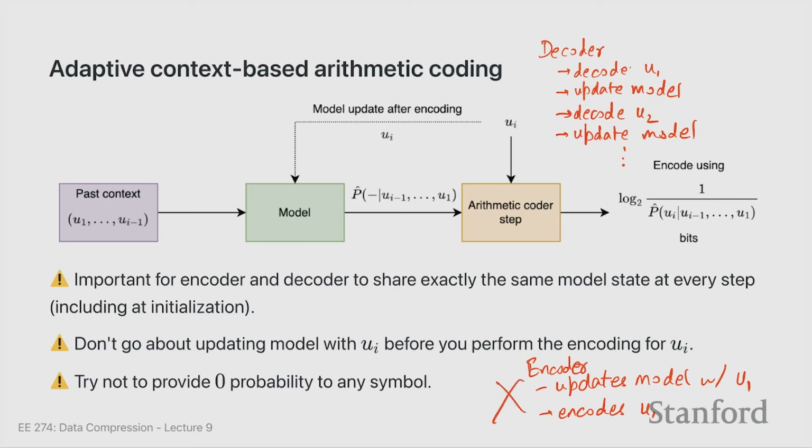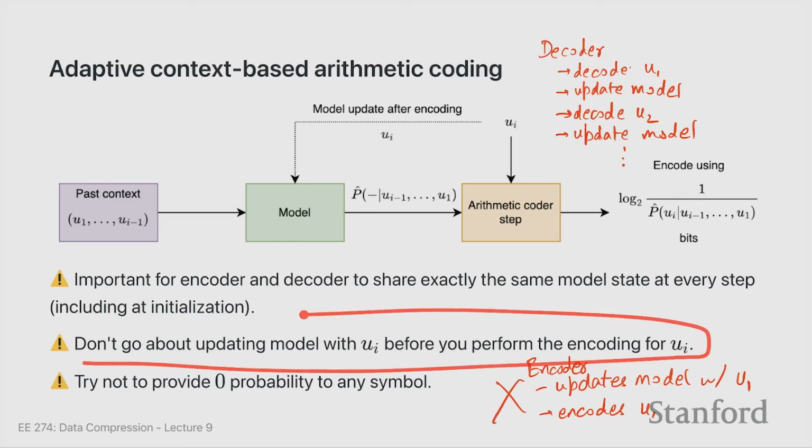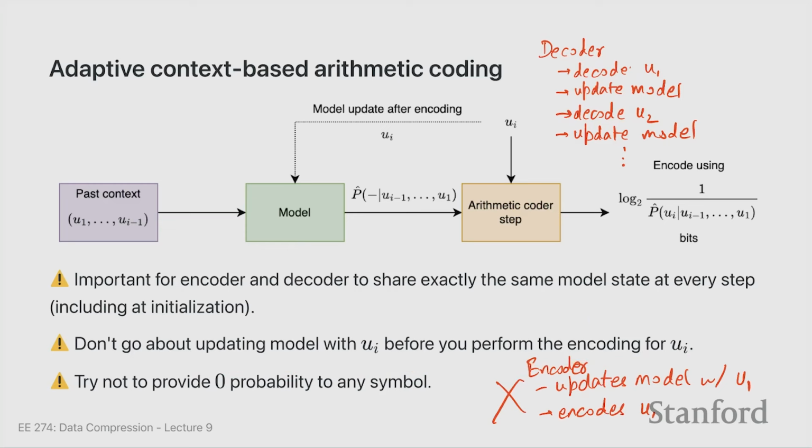So you just need to be careful. This comes up in lossy compression also. There are some of these adaptive type schemes, so just be careful. Last thing is never provide zero probability to any symbol, because if your model says that this symbol will never occur and then it actually occurs, then log of 1 over 0 is infinity. So your arithmetic coder will just break, basically.